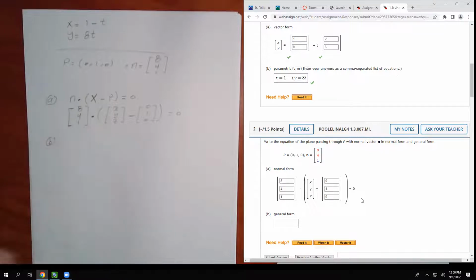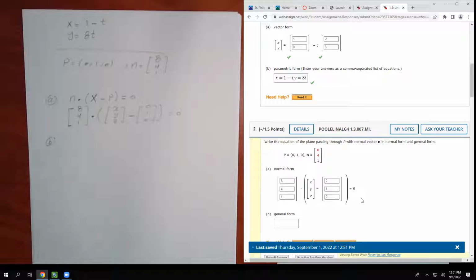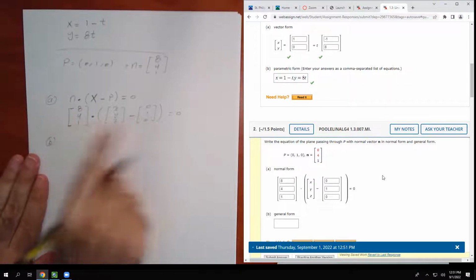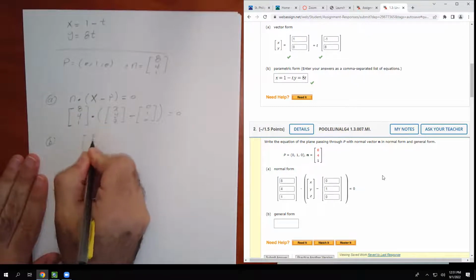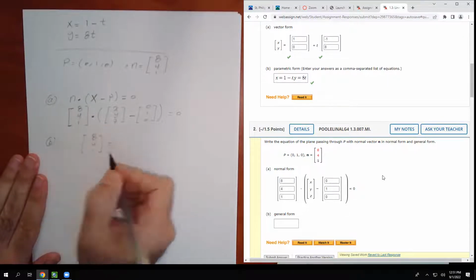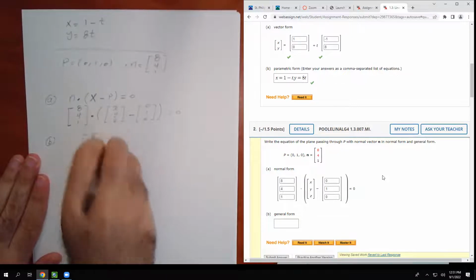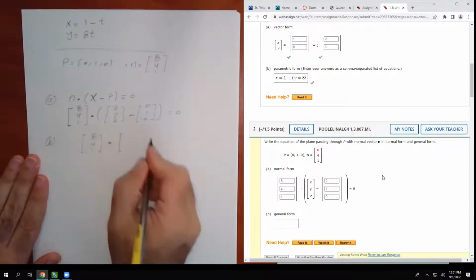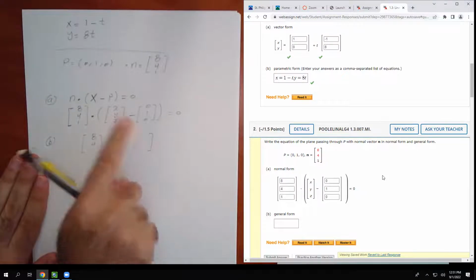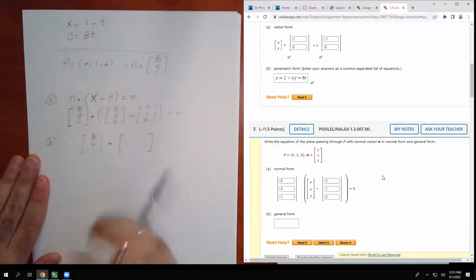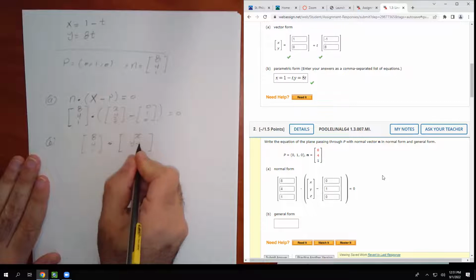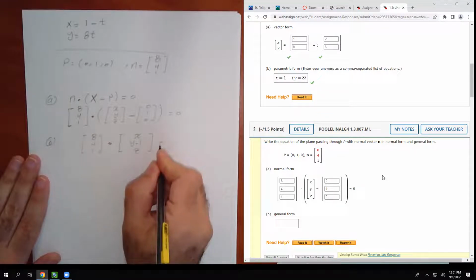B, they ask you to write down the general form. How are we going to write down the general form from the normal form? We're just going to do the dot product. I'm going to find the difference between these two vectors. So x minus 0 is going to be x, y minus 1, and z equals 0.